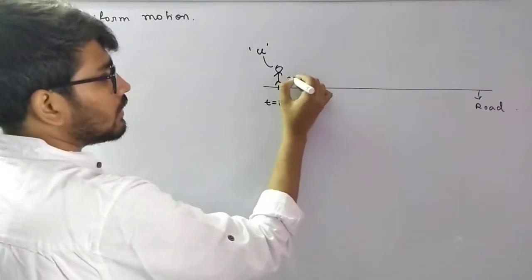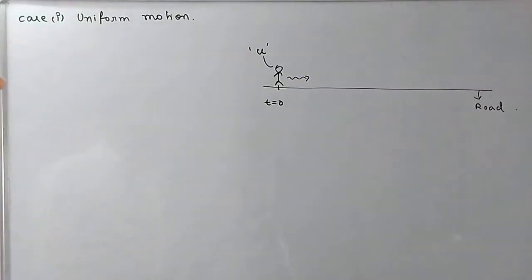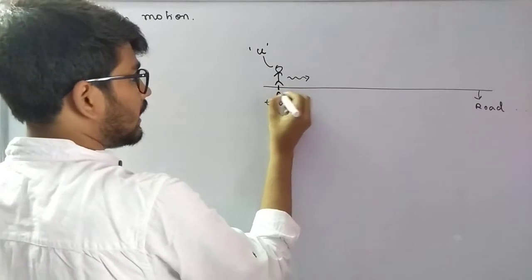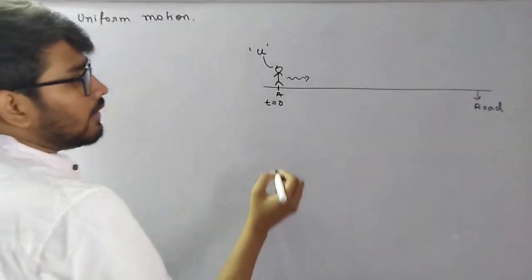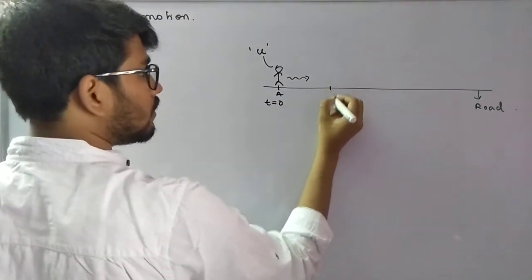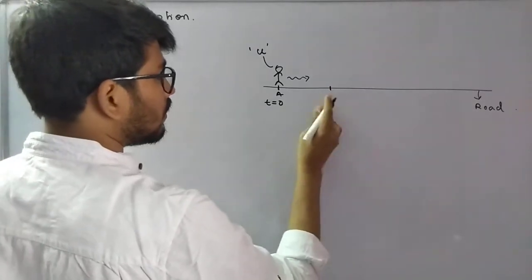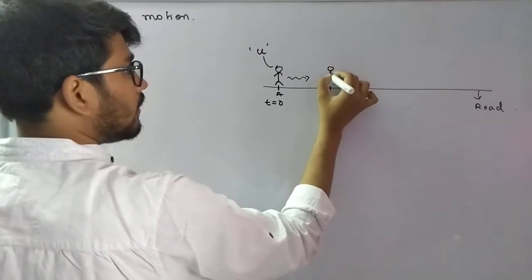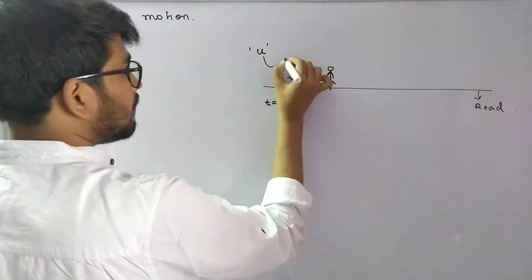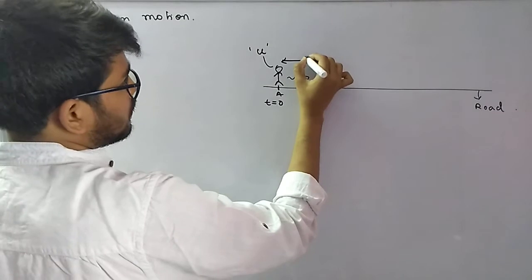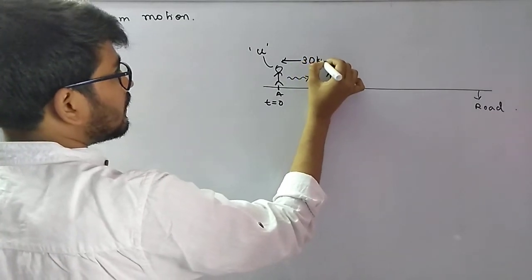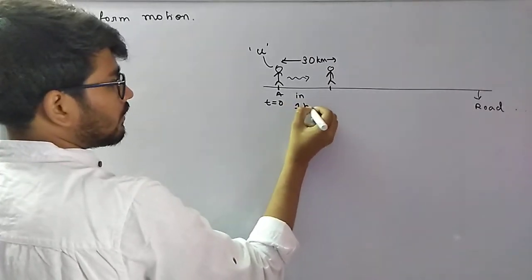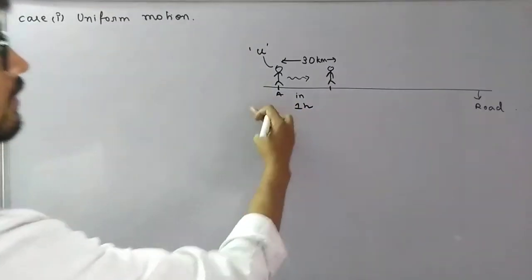Suppose this was position A. After traveling for some time, the person reaches B, covering a distance of suppose 30 kilometer in 1 hour.